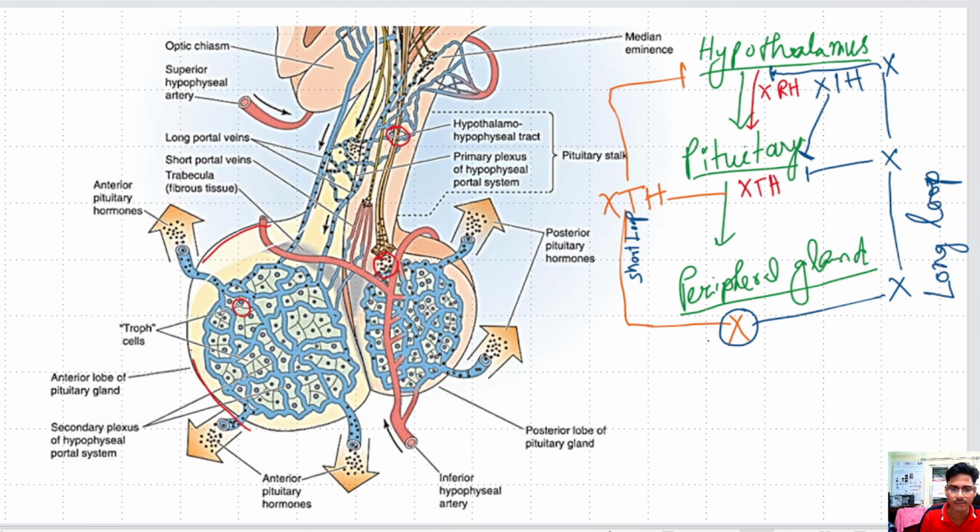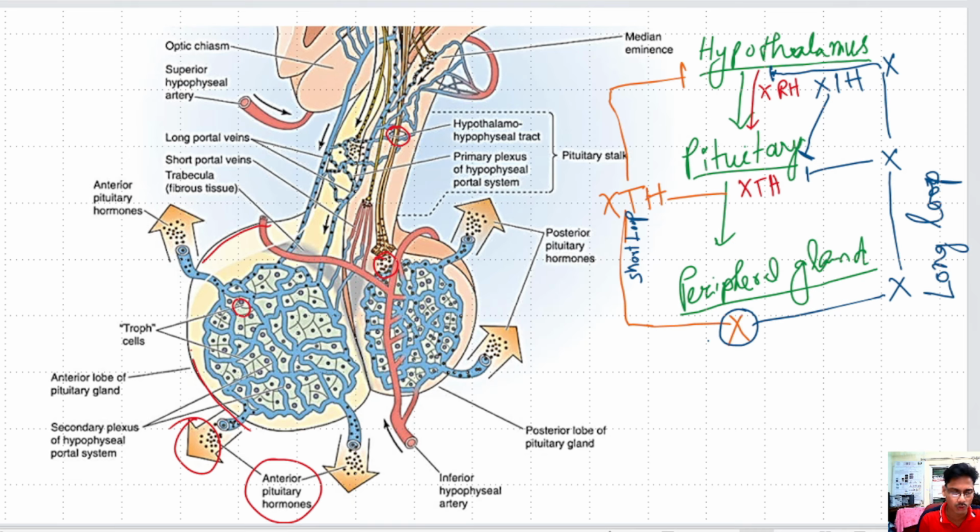A portal system means it can directly contact the venular system. So in the anterior pituitary, this portal system releases different kinds of hormones. I will discuss later which hormones are secreted from the anterior pituitary.